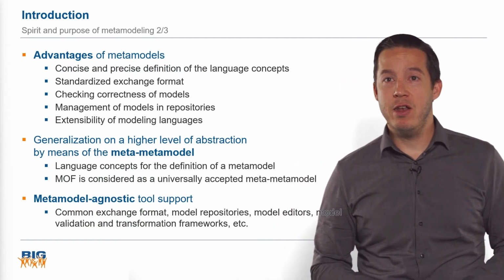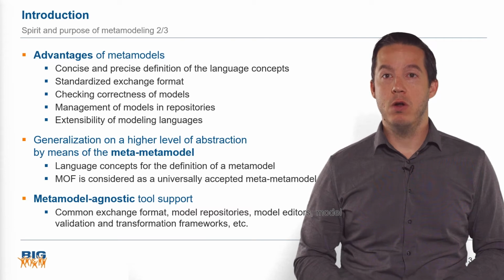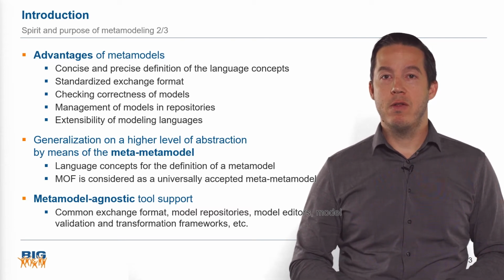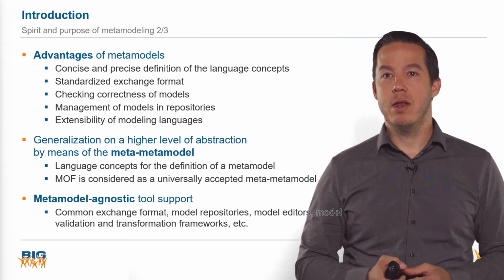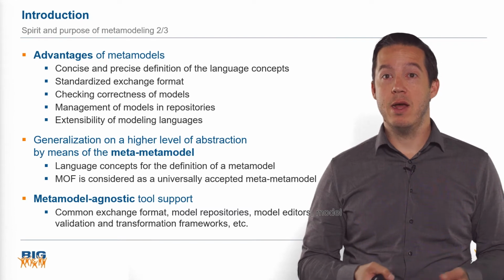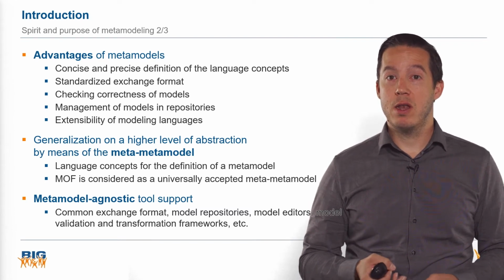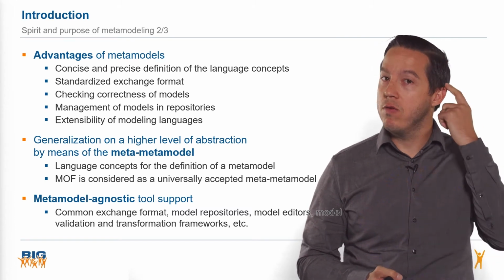So the advantages of meta models, like the advantages of abstraction that we already introduced, is the possibility to formalize and define a precise definition of the language concepts in a standardized format, that enables us to check correctness or validity of models.